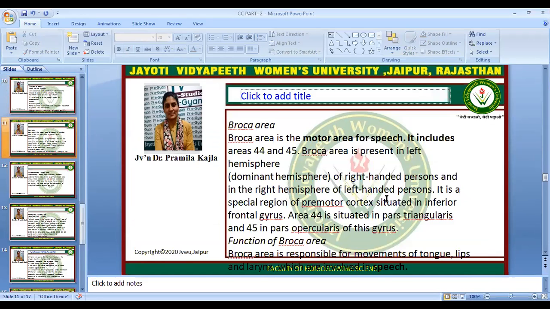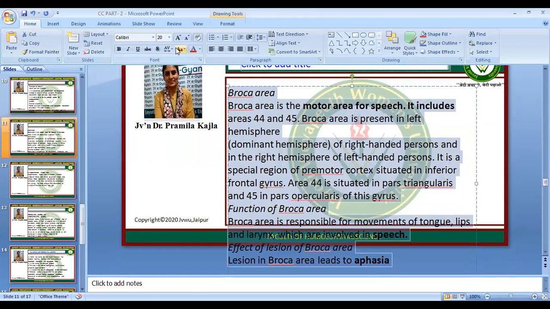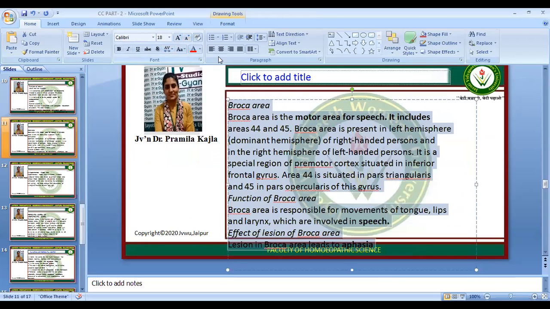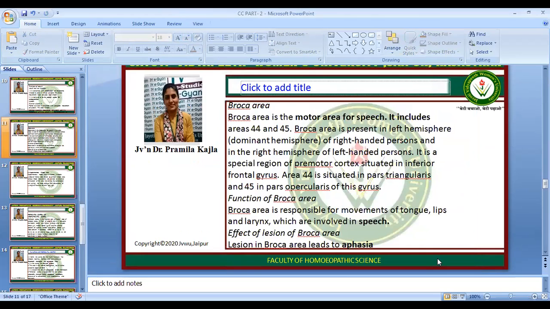Broca's area. Broca's area is the motor area for speech. It includes area 44 and 45. Broca's area is present in the left hemisphere, that is dominant hemisphere, of right-handed person and in right hemisphere of left-handed person.